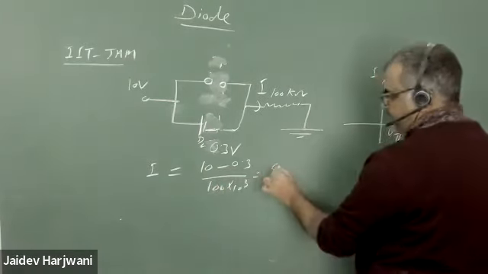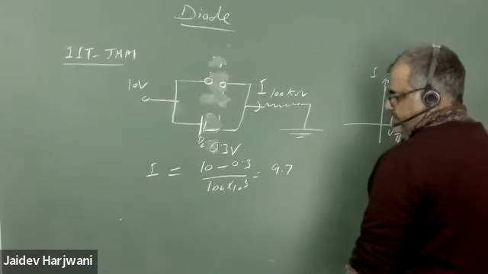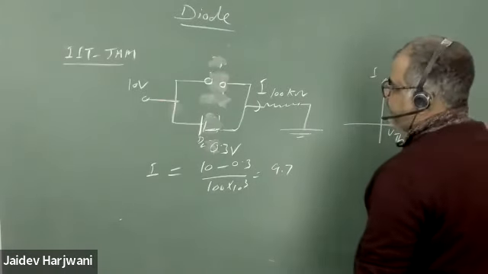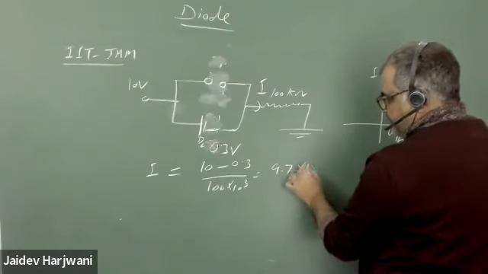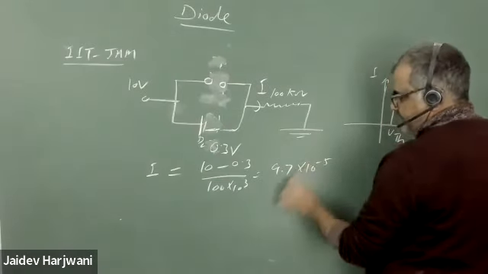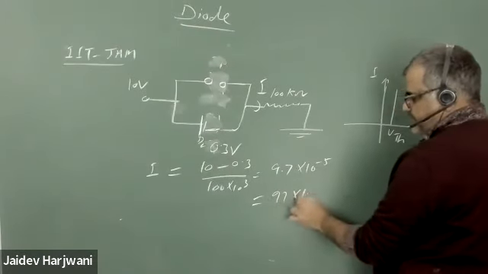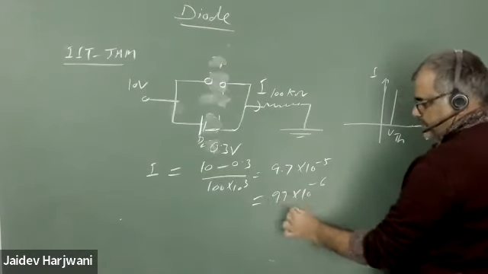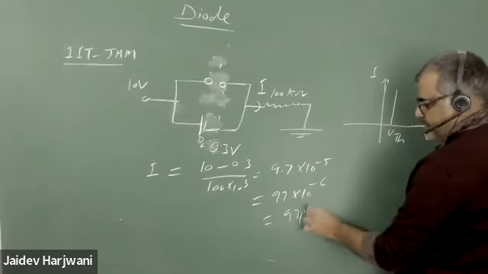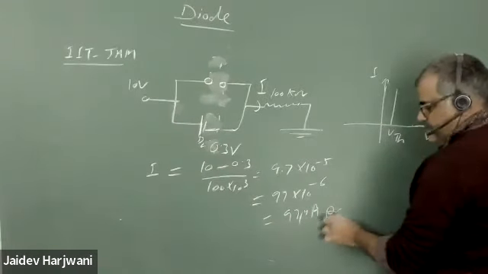So 9.7 into 10 raised to power minus 5. If you divide, it's 97 into 10 raised to power minus 6. So this is 97 microampere. This is the answer.